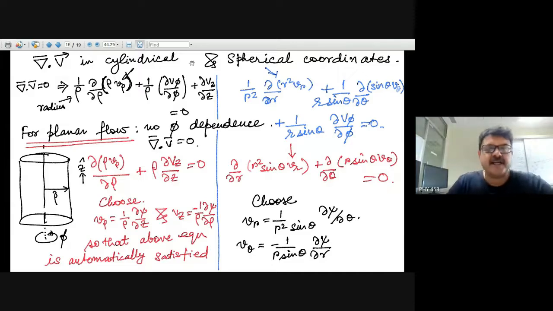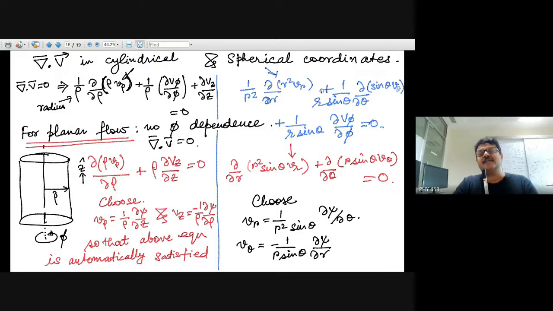On the other hand, if you have no phi dependence in cylindrical coordinates, then the flow, where this is rho, the radial direction, and z is this, will be basically in this plane. If there was no z dependence, the flow would be in the other plane for a cylindrical.